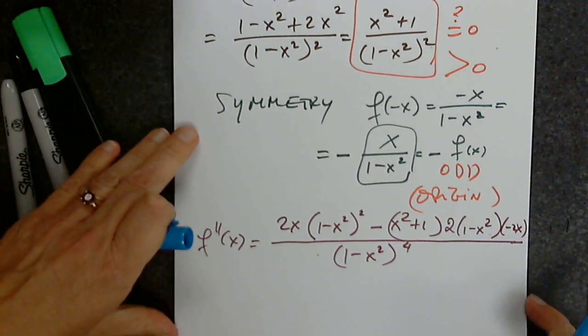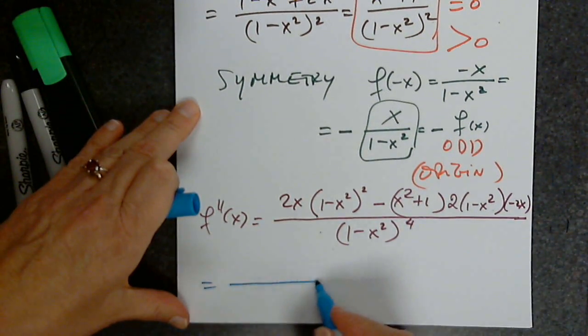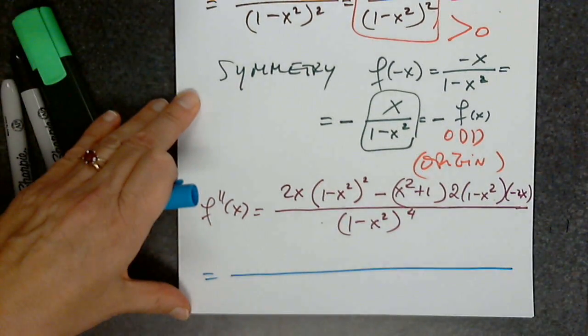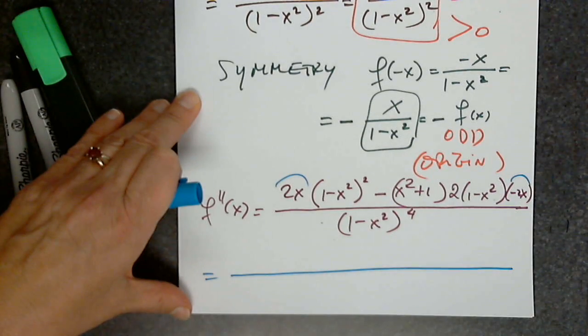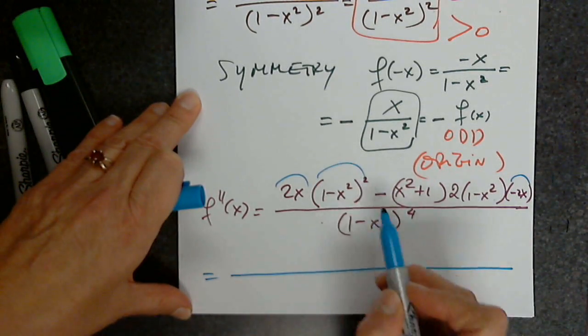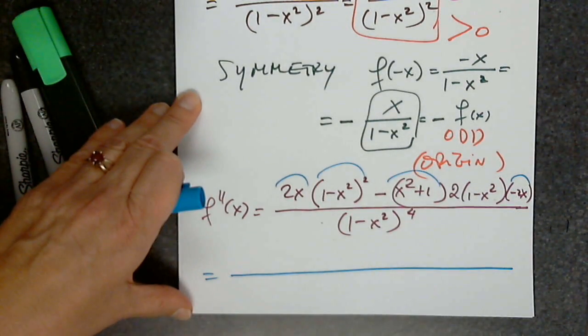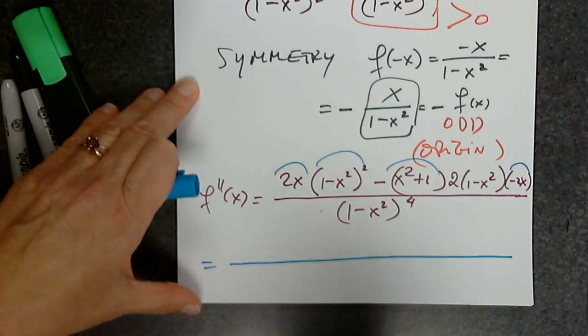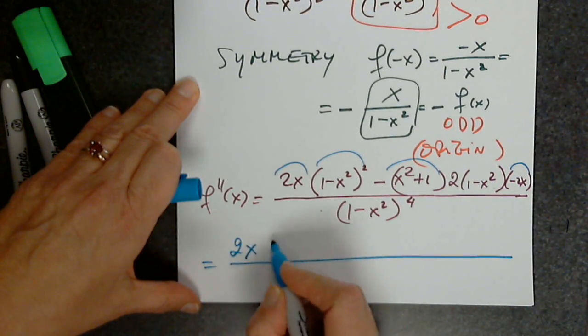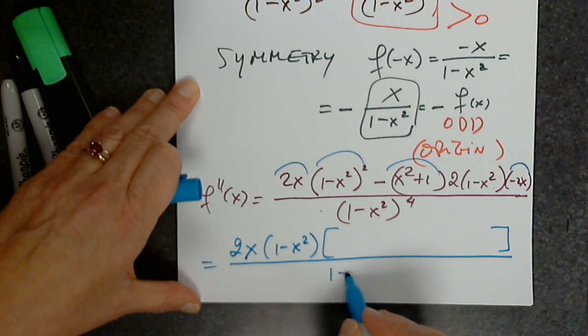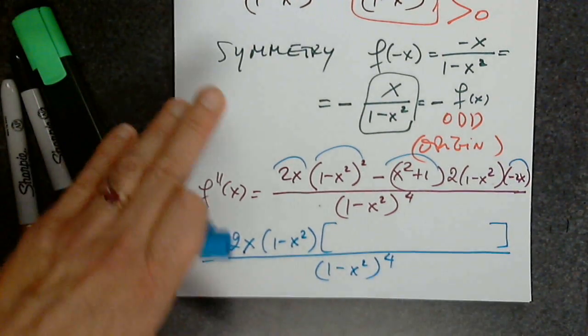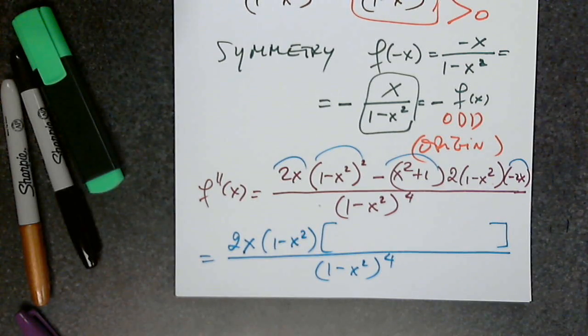Okay. What do you think I am going to do next? Absolutely. This and something from here. So definitely a 2x and definitely a 1 minus x squared. I can't handle this if I don't factor it.